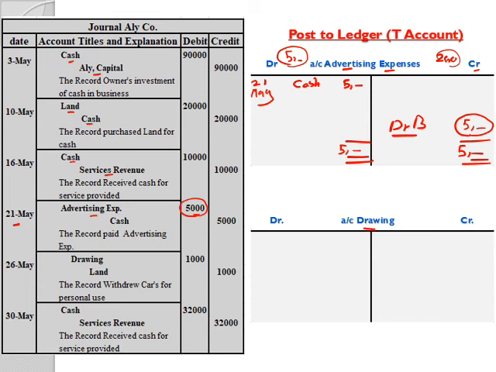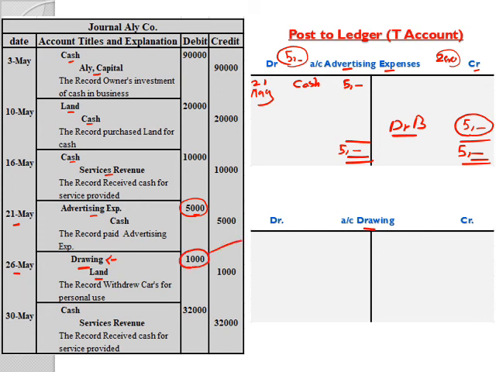Drawing: post to ledger, the drawing T account. Record in transaction number 5, date May 26. Record drawing in the debit side, amount in the debit column.